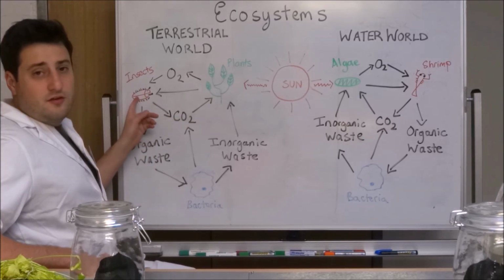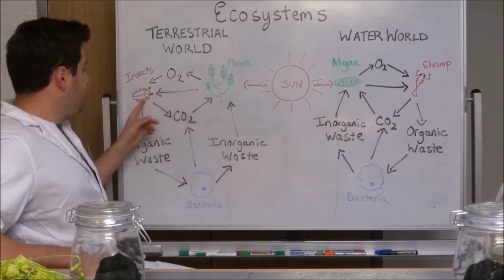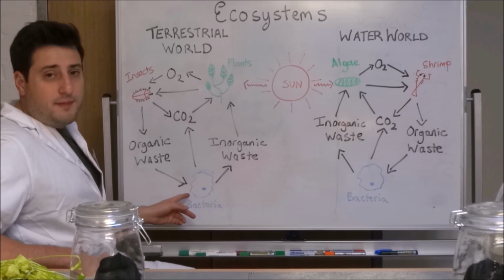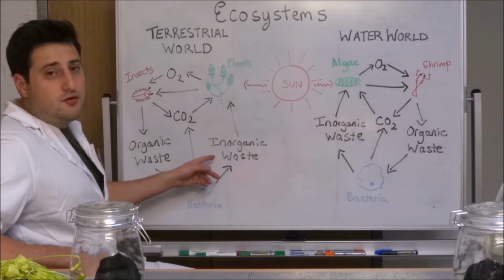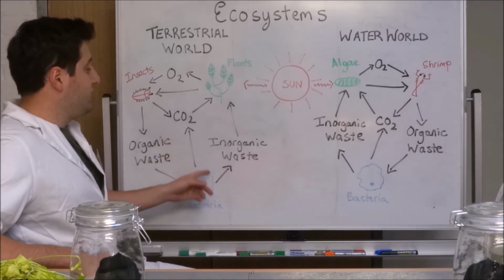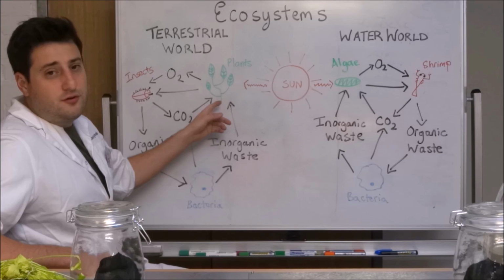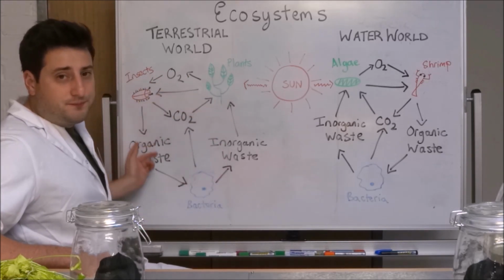The insects use the oxygen and also eat the plants, turning that into organic waste, which are then broken down by bacteria. The bacteria produce inorganic waste and carbon dioxide, which can then be used by the plant to continue to grow. And therefore we have a nice self-sustaining system.